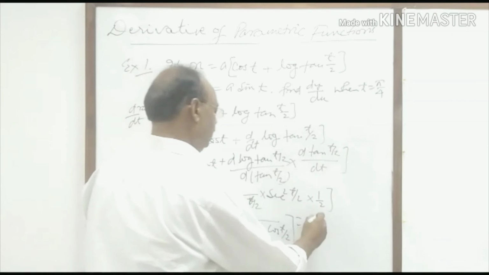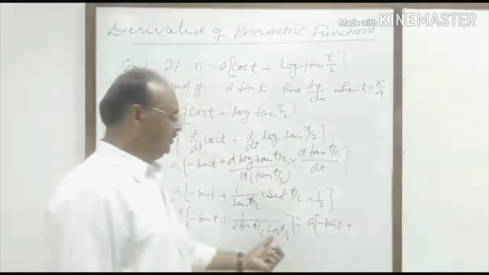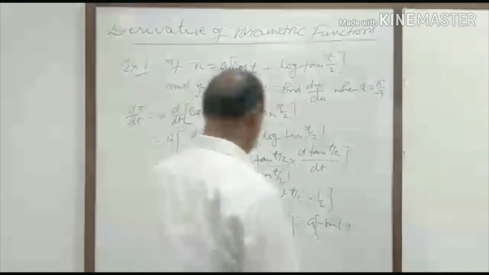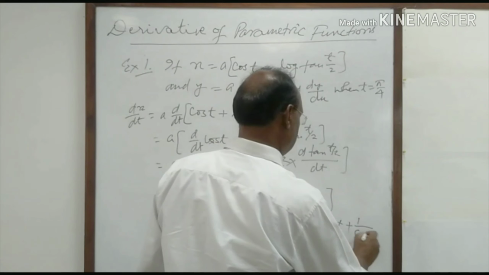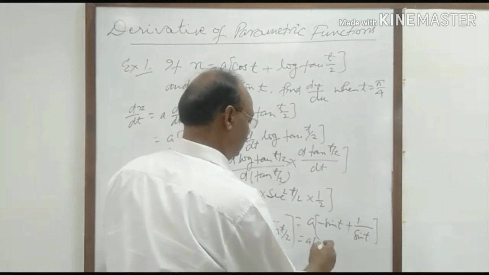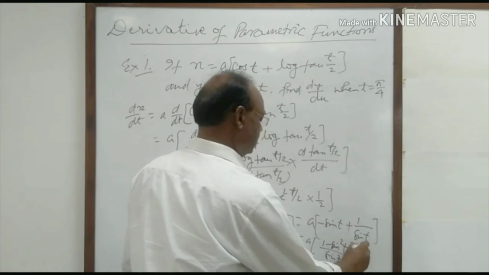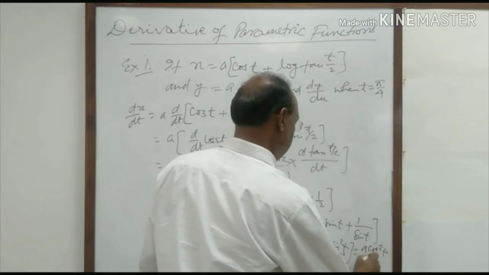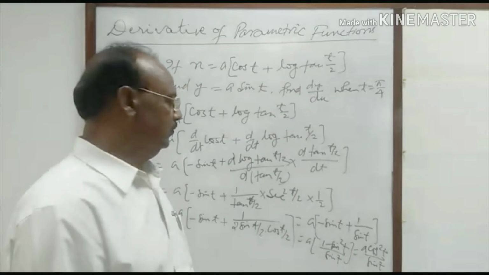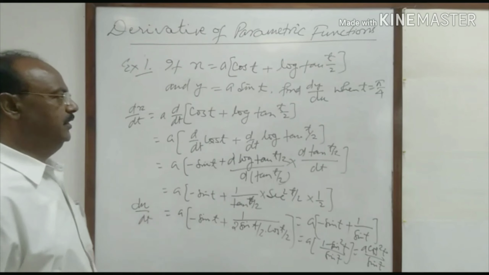And this is equal to a times minus sin t plus, using the formula 2 sin theta cos theta equals sin 2 theta, this can be written as 1 by sin t, and this is equal to a times (1 minus sin square t) upon sin t. This is equal to a cos square t upon sin t. So this is the value for derivative of x with respect to t.